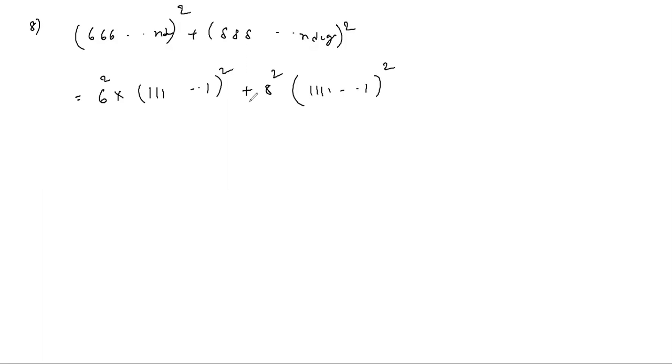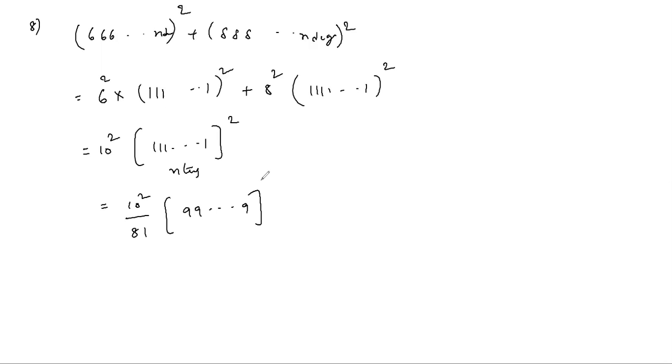We will see if it is a printing mistake; if you want the error, we will change. 6 square plus 8 square is 10 square, so 10 square into 1, 1, 1, and so on, 1, whole square, n times. Now we have to find this value. Multiply with 9: 10 square by 9 square is 81, so multiply with 9, 9, 9, and so on, whole power 2, 999 n times.